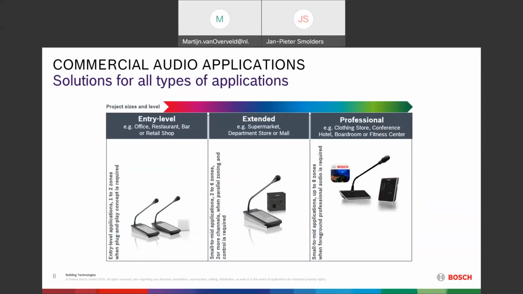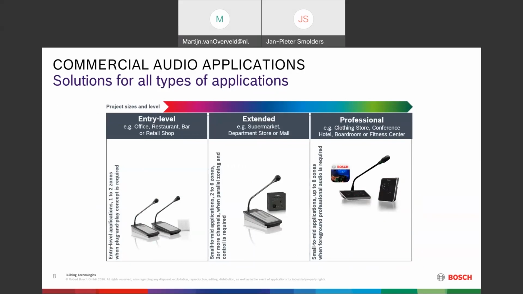If you look at the different solutions that we have here, from the left to the right, there is an entry level, extended level, and professional level. The entry level is for smaller businesses like a small office, a restaurant, a bar, or a retail shop. Then we're talking about a system that can address 1 to 2 zones, easy to install, easy to use.